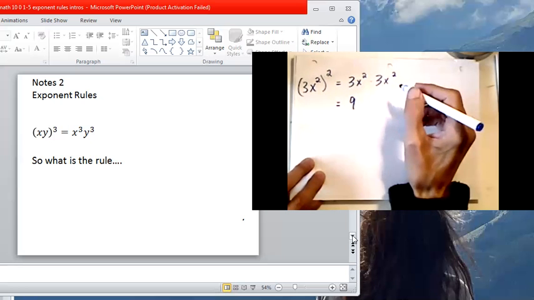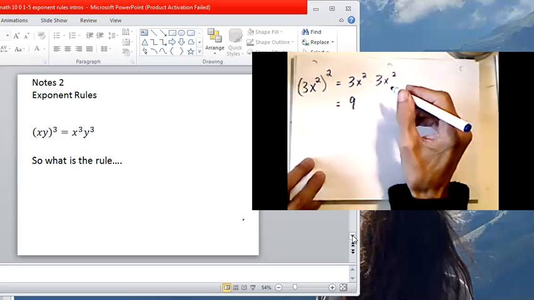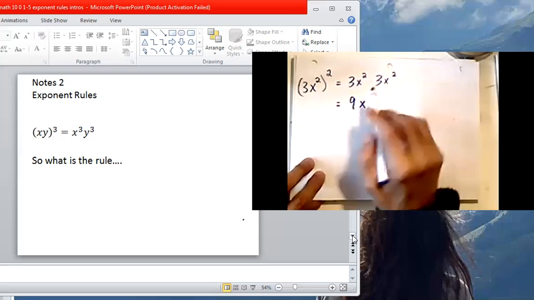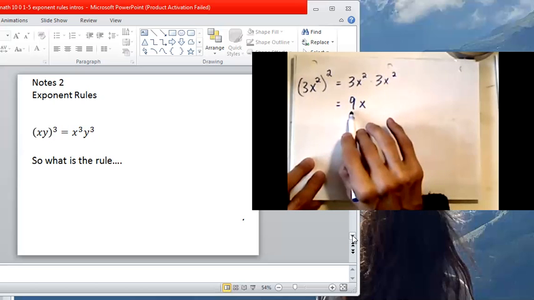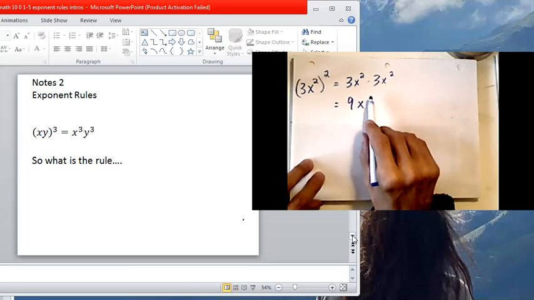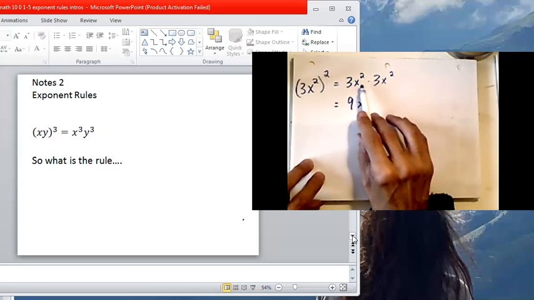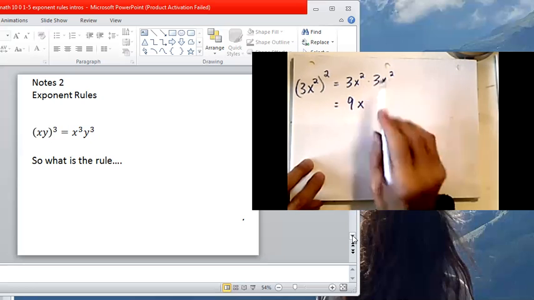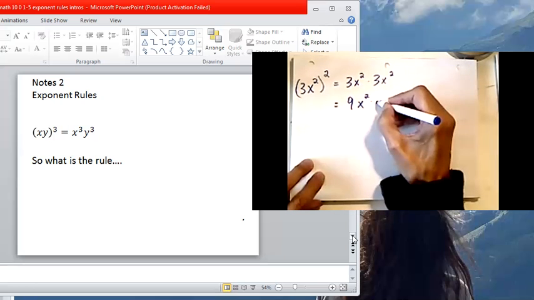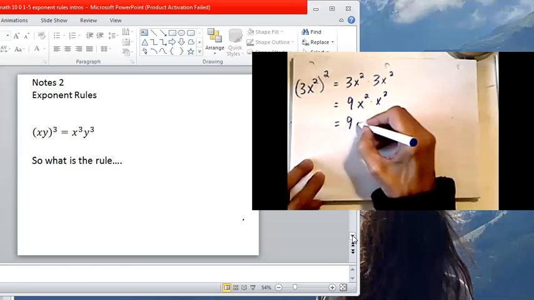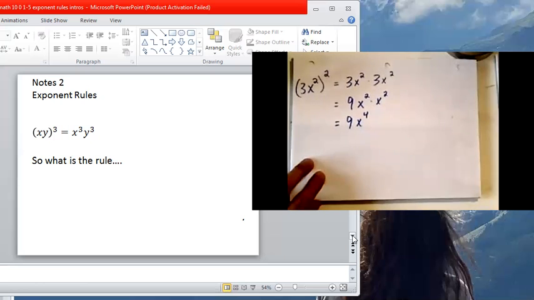And how about the x's? 3 and 3 multiplied together, which is 9. X and x, x to 2. X2 and then 2 on the top. There's a 2 there. There's a 2 there. So we add them together, which is 4. Okay, so x to the 4.